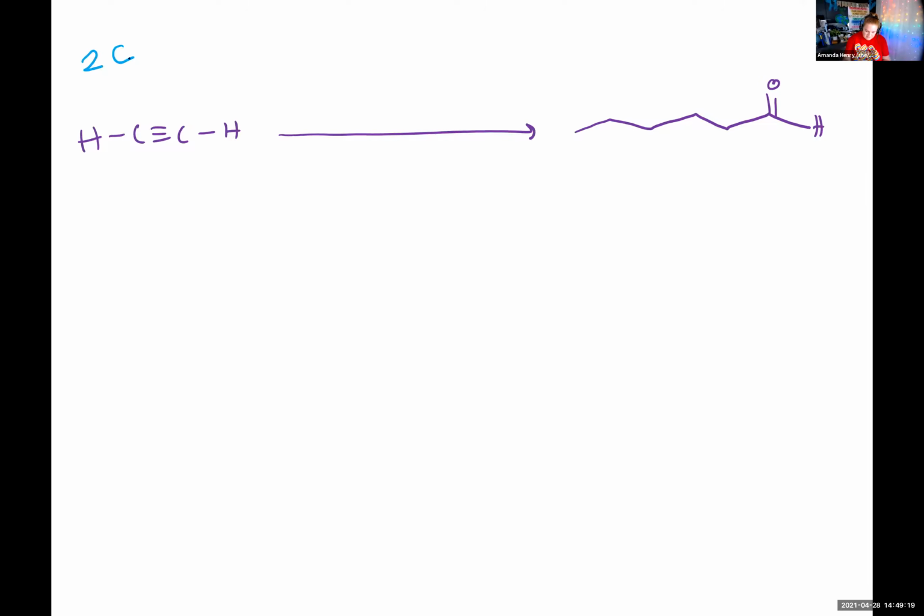On our reactant, we only have 2 carbons, and we have a triple bond. On our product side, we have 1, 2, 3, 4, 5, 6. We have 6 carbons, and we have an aldehyde.